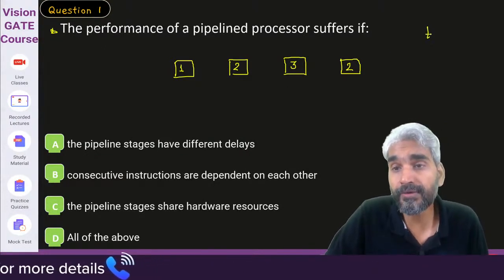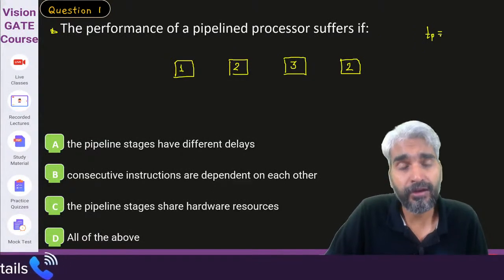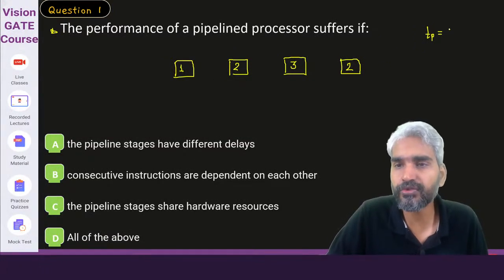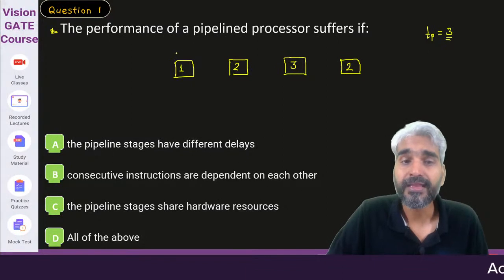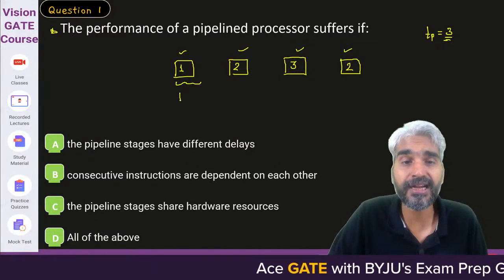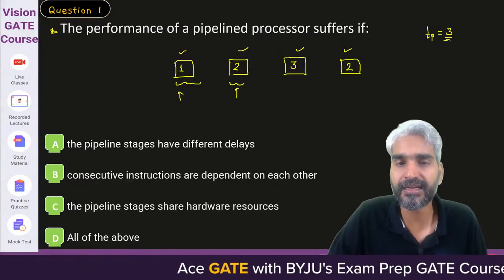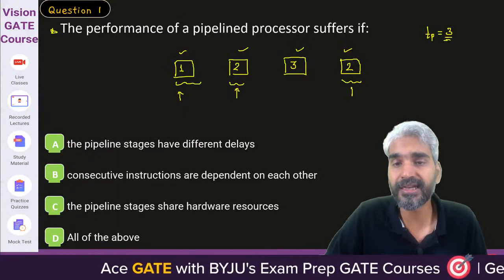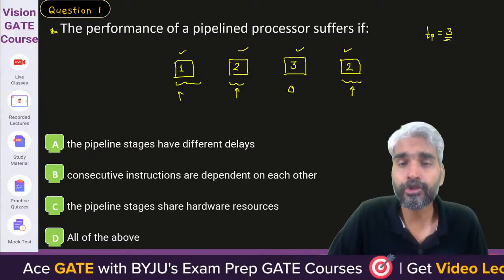You know that we will have to consider the cycle time of pipeline processor as the max of this, which will be 3. So in each stage we will stay for one clock cycle, that is for 3 milliseconds. So you will waste 2 milliseconds in this stage, 1 millisecond in this stage, 1 millisecond in this stage, and in this stage there will be no time wastage.